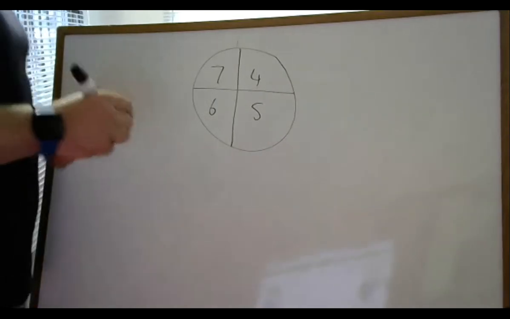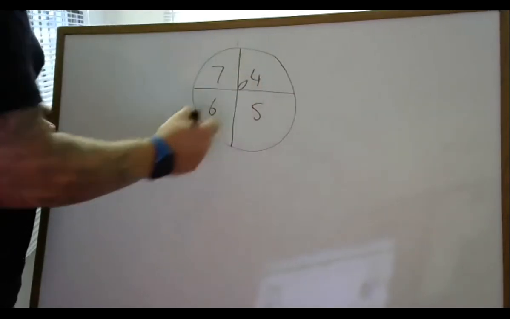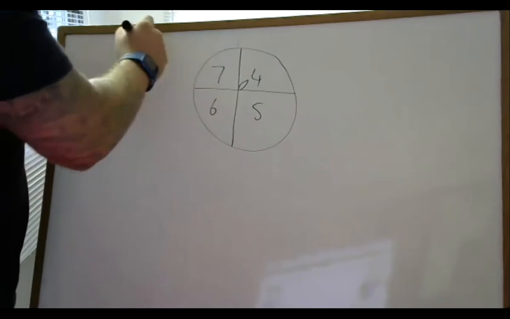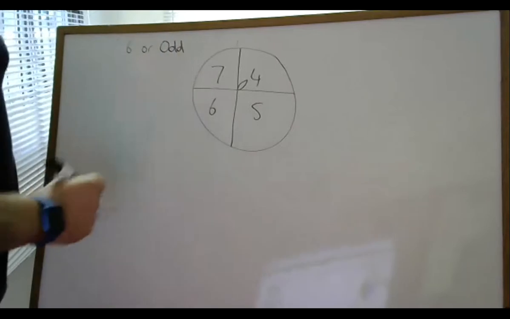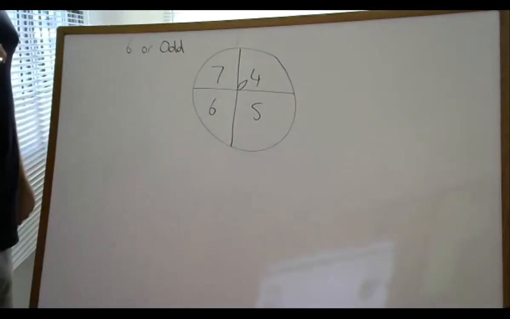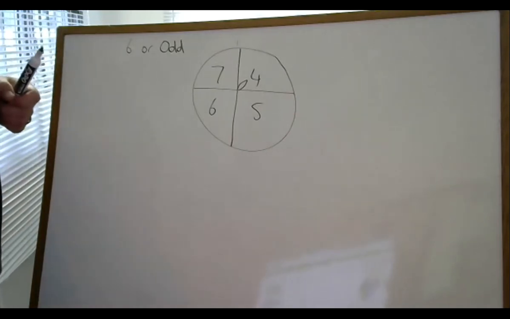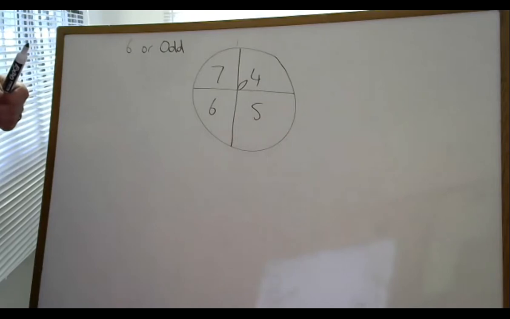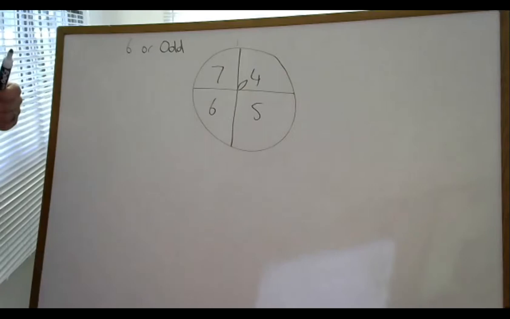So what is the probability if I spin my spinner I would get 6 or odd? 75%.